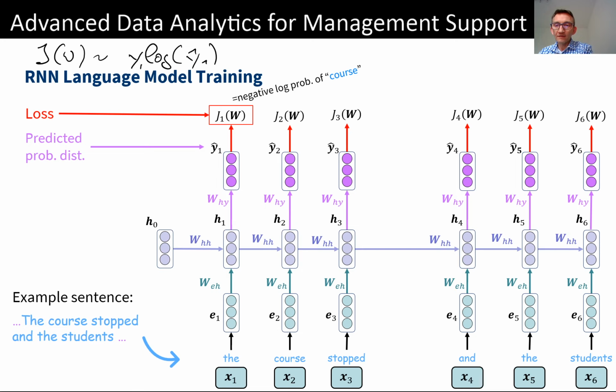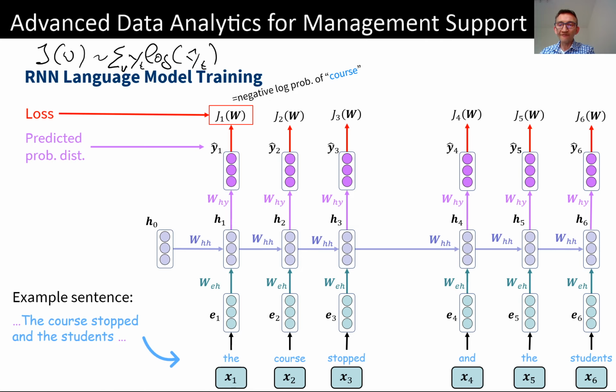Normally, if we make this a bit more general, we write it down as y_i and ŷ_i, using some index, or in my case, I should better use the index t, and then we would sum that over all the words in our vocabulary. So let's say we have an index v, indexing the words in our vocabulary.